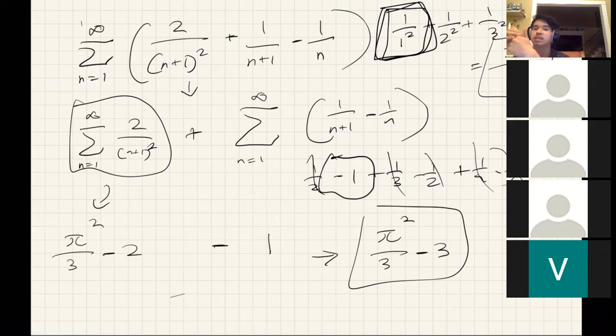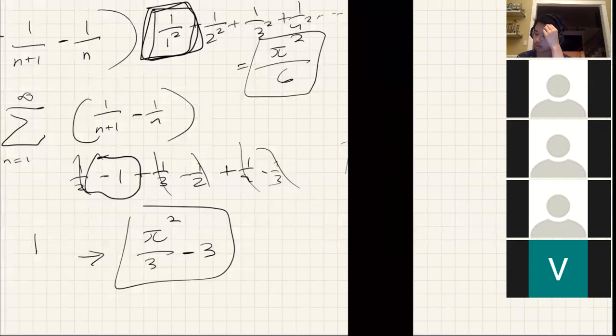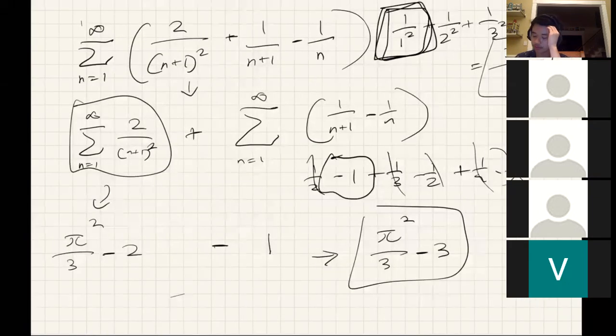So it might seem a little bit like cheating, right? Because we had to use this thing over here. Usually contests will just give this fact to you, because I do see it quite often in contest problems.